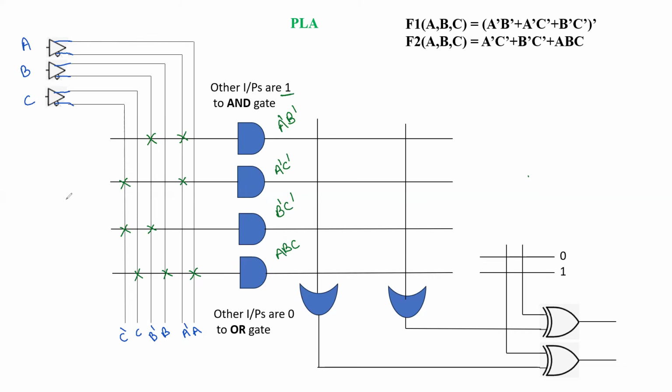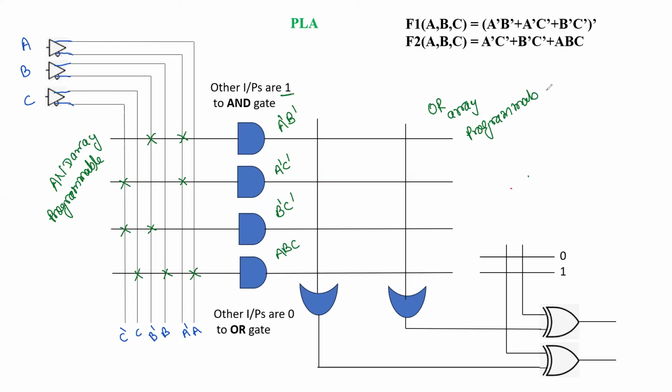So the first stage, the programmable AND array, we have implemented here. Now the next task is to obtain the programmable OR array. That's the second stage. So again here we are going to use the logic array symbols.